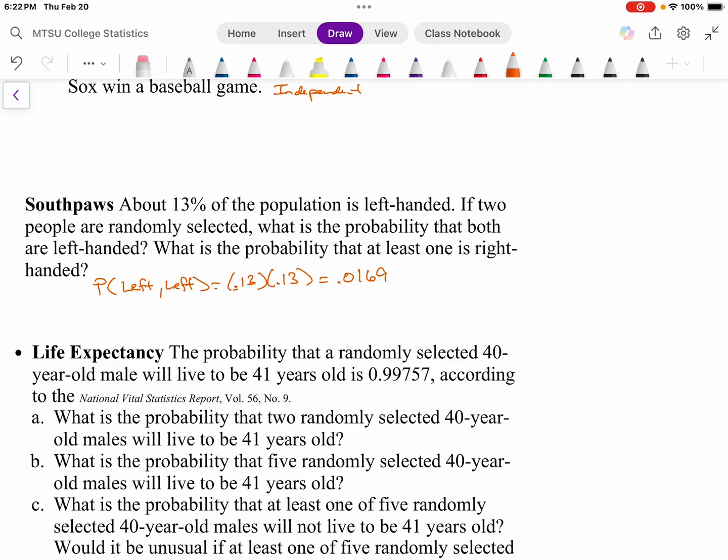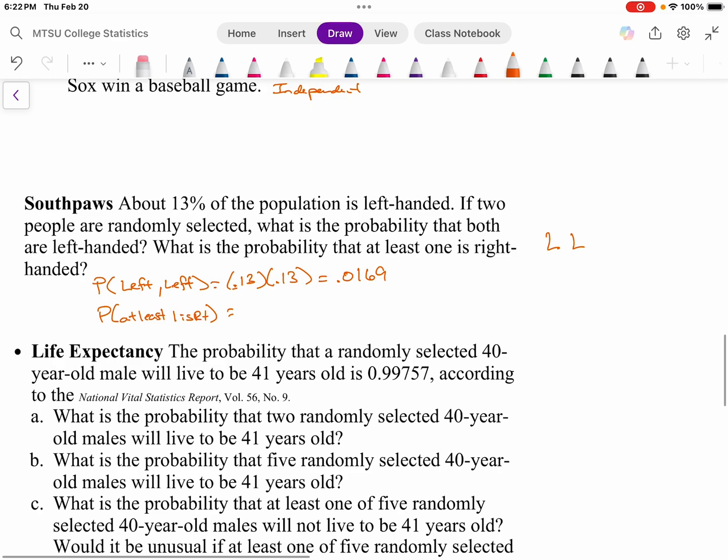What is the probability that at least one is right-handed? So probability at least one is a righty. All right, well, now this one's a little bit different. If we think about our sample space here, if I'm picking two, I could have a lefty and a lefty, a lefty and a righty, I could have picked a righty first and a lefty, or I could have gone righty and righty. So with that in mind, at least one would be these three added up.